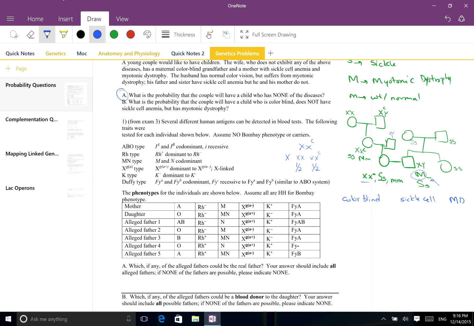So if we cross them together, here the probability of the children not having anything is 1, but if she was a carrier, let's do this again.